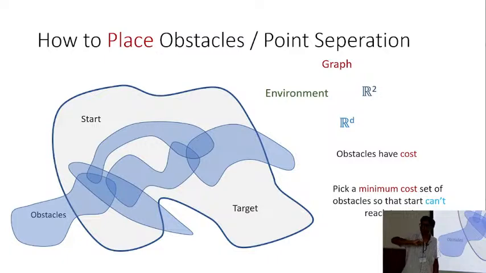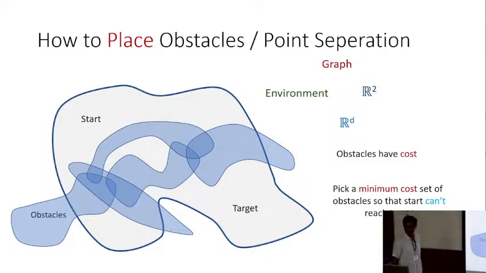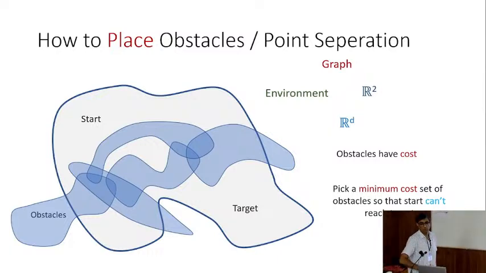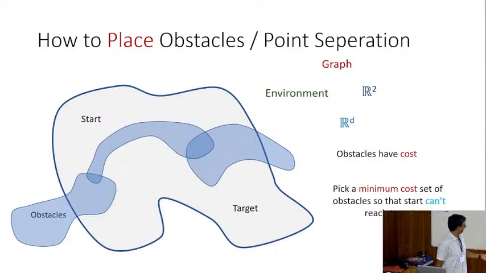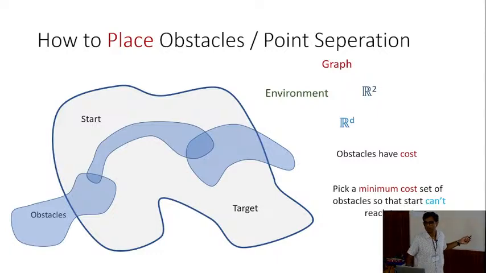This is the example I was telling you about with respect to barrier resilience. They call this the point separation problem, but I call it placing obstacles to make sure that S to T is not reachable. So for example, here, if I only place these 3 obstacles, we have forced that start cannot reach target.